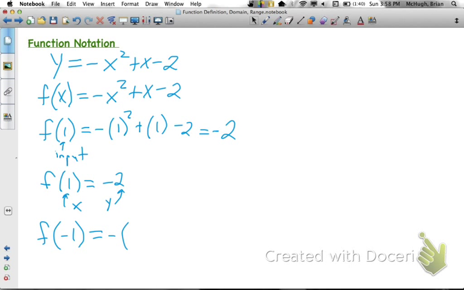It's going to be the opposite of negative 1 squared plus negative 1 minus 2. We're plugging in negative 1 for each of the x's. Do some squaring, that becomes a positive 1, negative 1, negative 2, and we should end up with negative 4. So f of negative 1 equals negative 4. And that's an example of function notation.